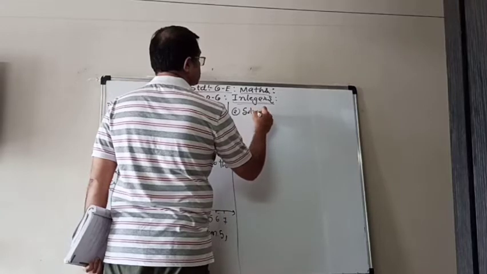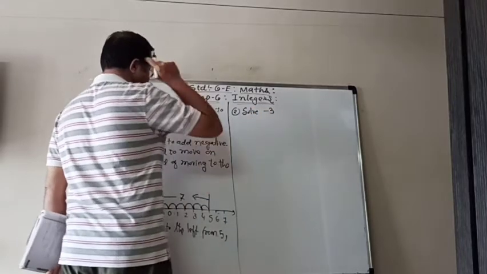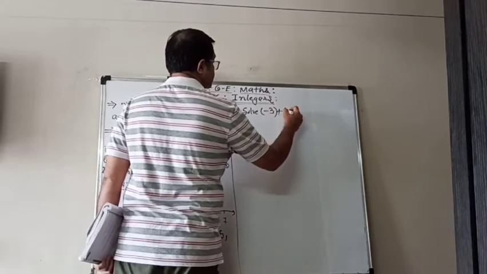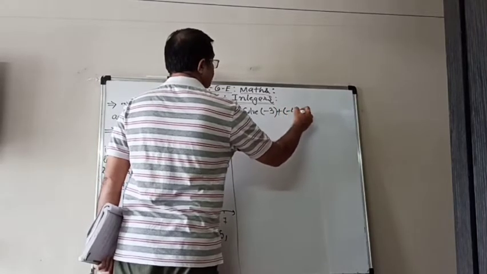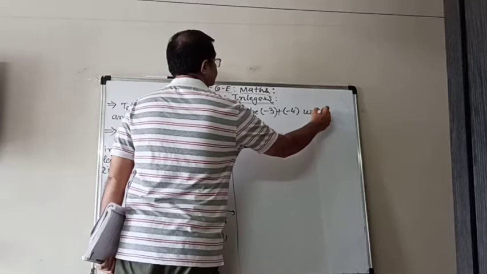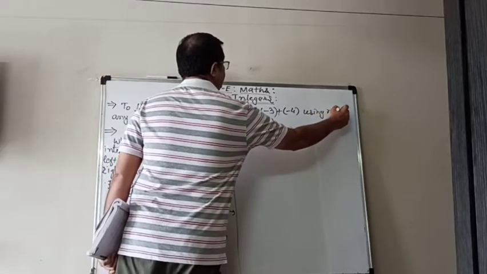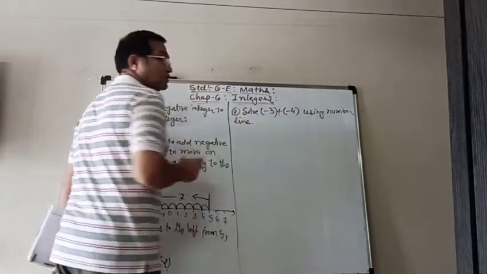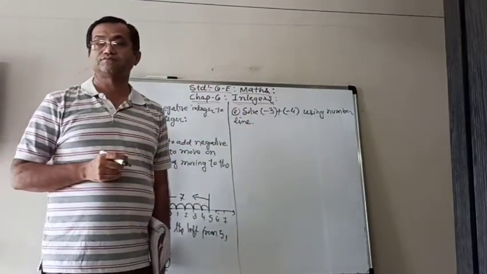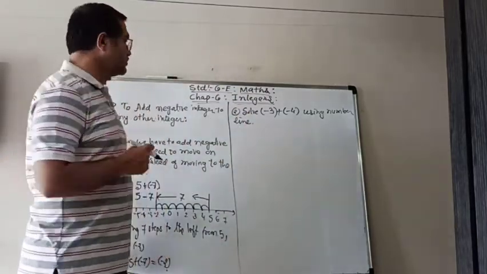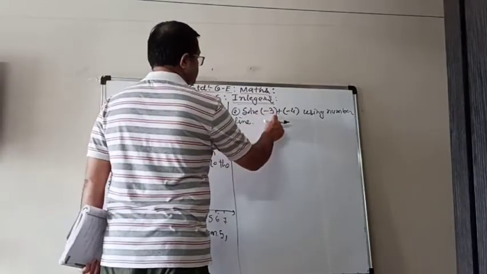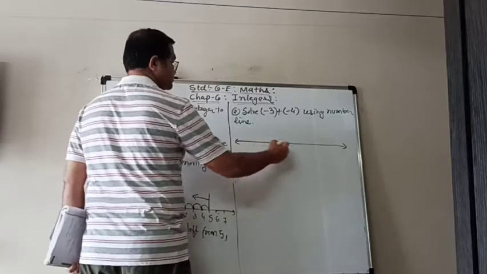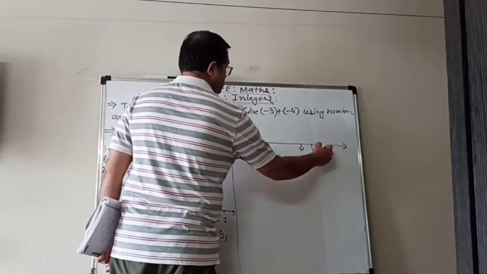Solve minus 3 plus minus 4 using number line. So here we have to see that minus 3 plus minus 4.